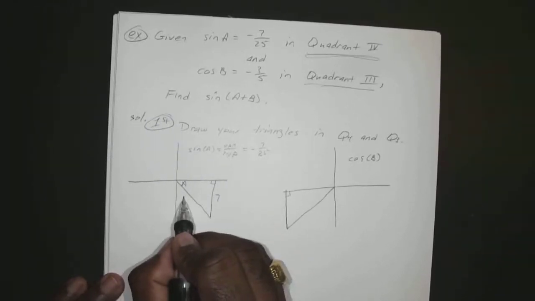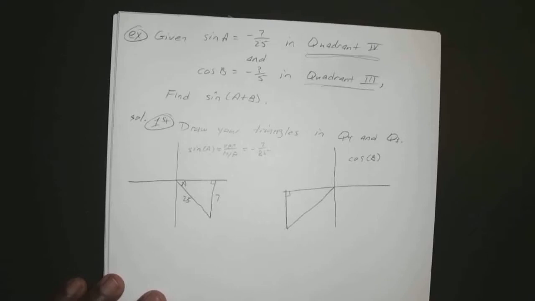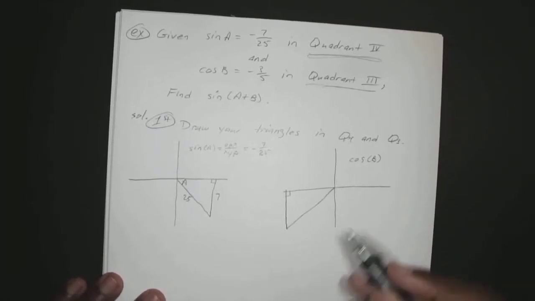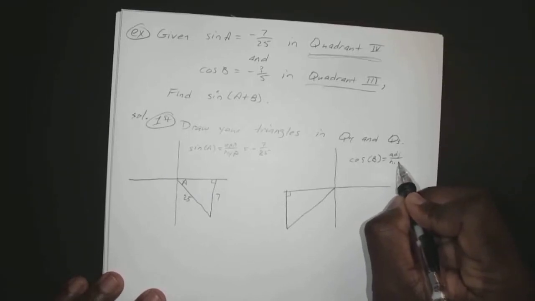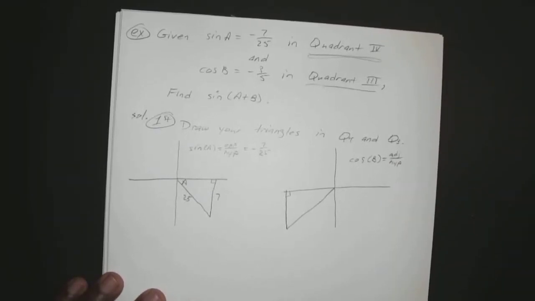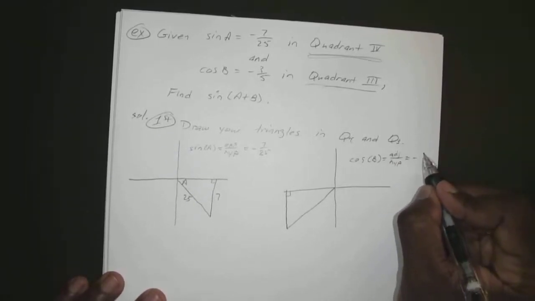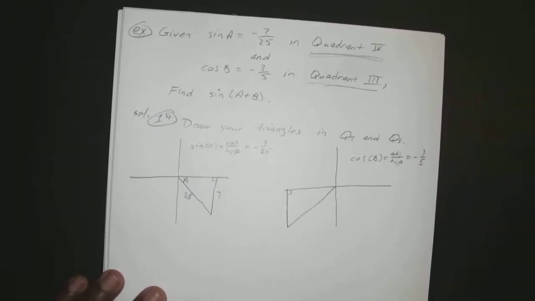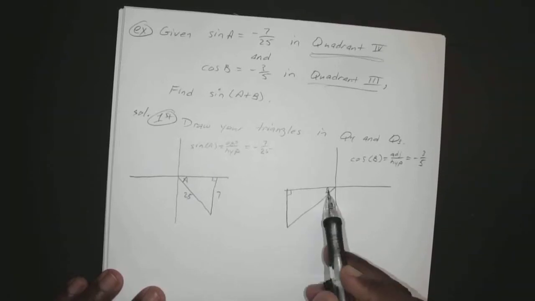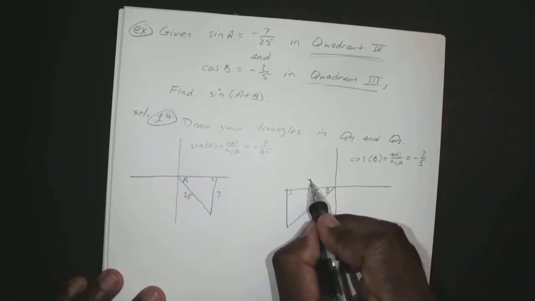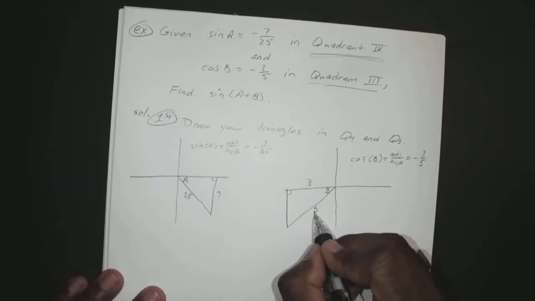And your hypotenuse is 25. For cosine of B, cosine is adjacent over the hypotenuse, which is negative 3 over 5. So this is your angle B. Your adjacent is 3, and your hypotenuse is 5.